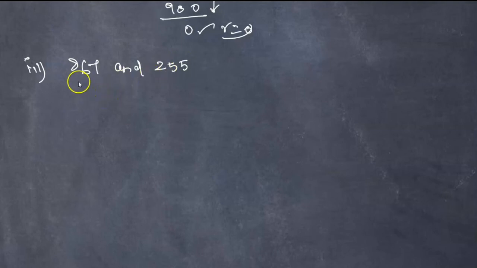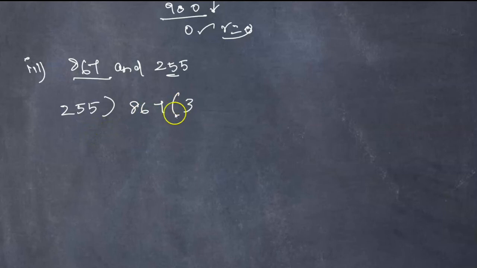So repeat the same steps. So the smaller number is 255. It will be the divisor. And the bigger number is 867. So in 255, it will be like 3 times 765. So when you subtract this, 2, 6 minus 6, 0 and 1. So this is not equal to 0.